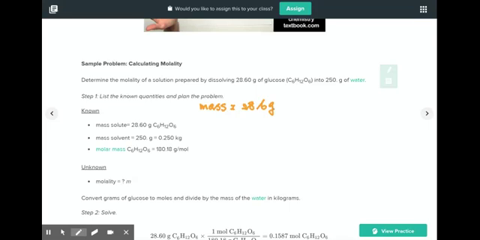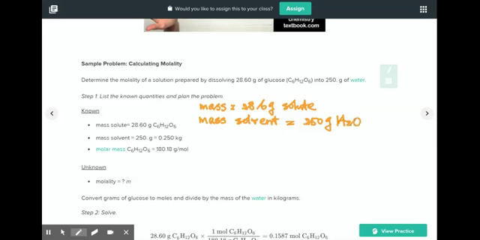And our mass of solvent is equal to 250 grams of water, H2O. All right.